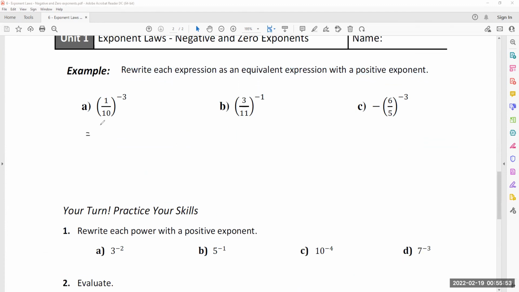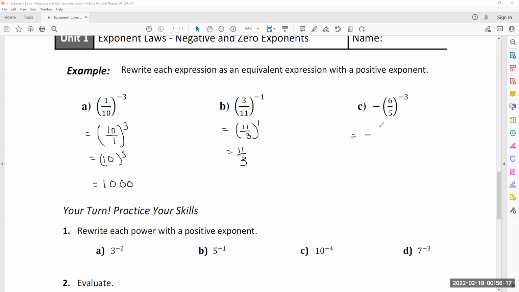And the teacher can leave this on the board. 1 over 10 to the power of negative 3 could be 10 over 1 to the power of positive 3, which of course is just 10 to the power of 3. And if the question asks you to solve it, it would be 1,000. This is going to be 11 over 3 to the positive 1, which is just 11 over 3.